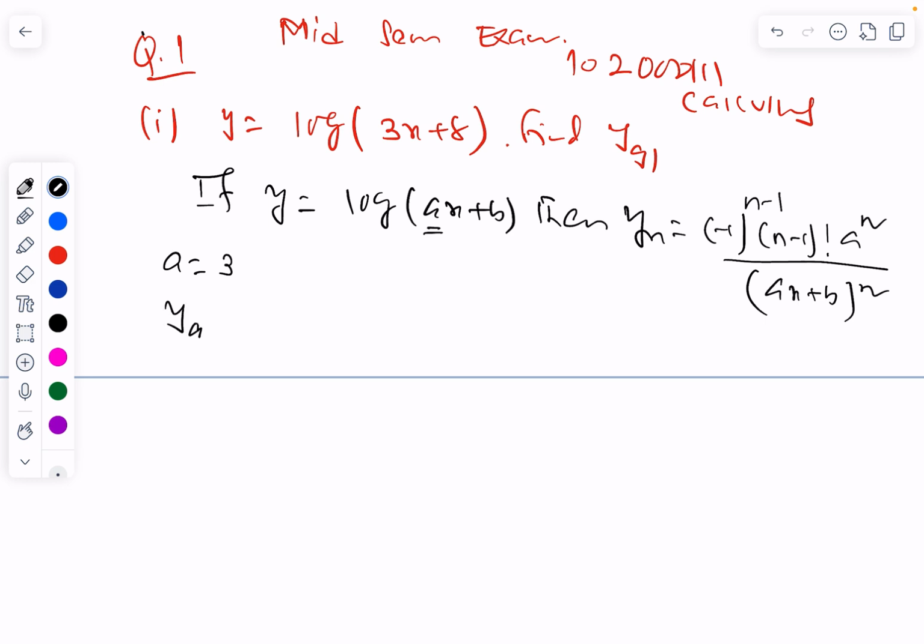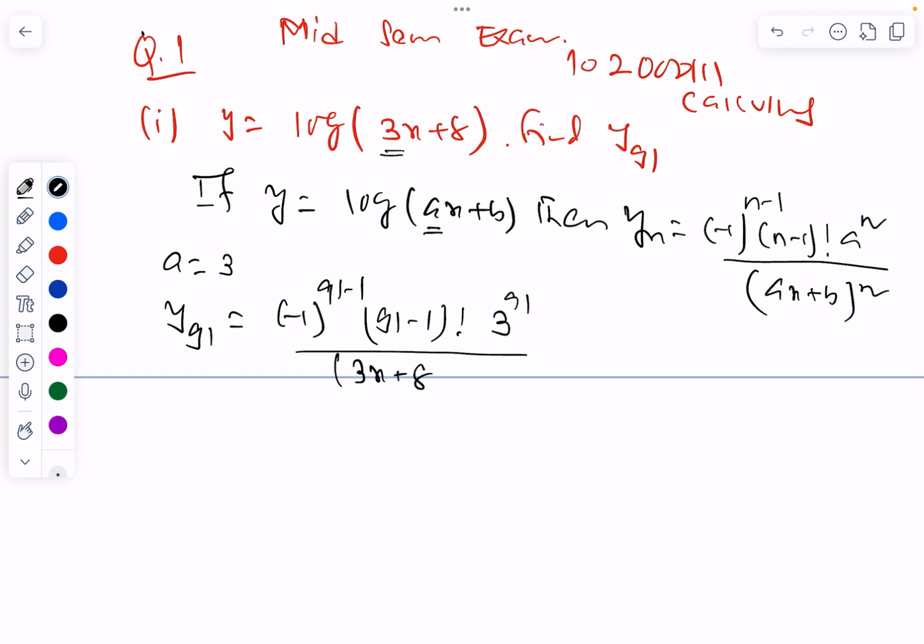So what is y91? So y91 is minus 1 power 91 minus 1, 91 minus 1 factorial, a is 3, so 3 power 91 over 3x plus 8 power 91, n is 91.